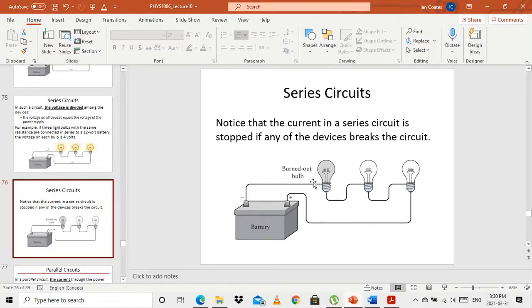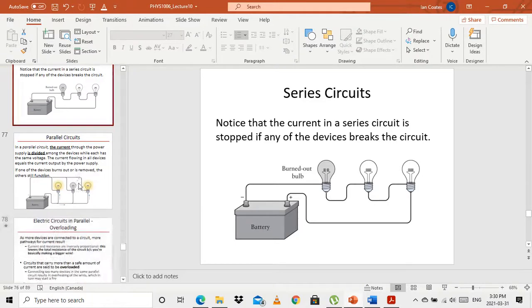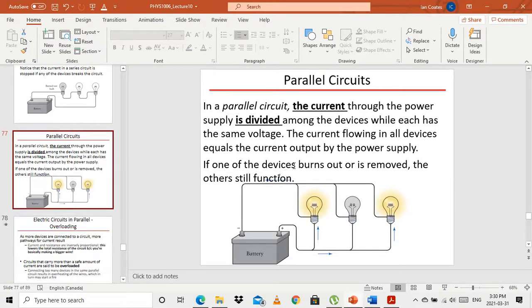And here's the whole holiday light experience. Okay, if one bulb goes out, all of them go out. To counter this, we have what's called the parallel circuit. In a parallel circuit, the current through the power supply, the current this time, is divided among the devices while each has the same voltage.